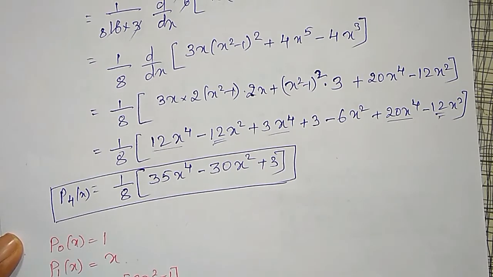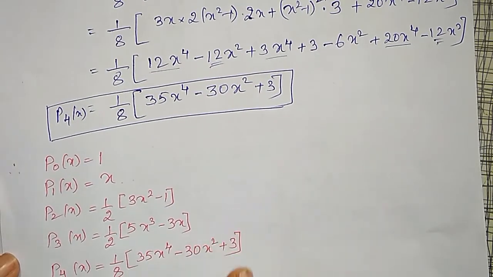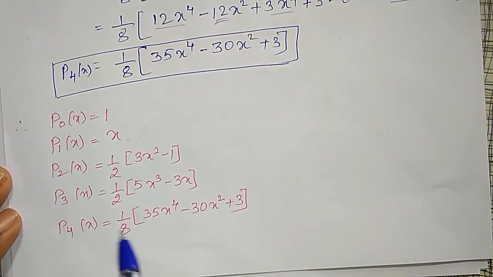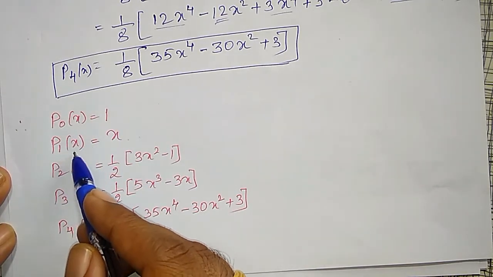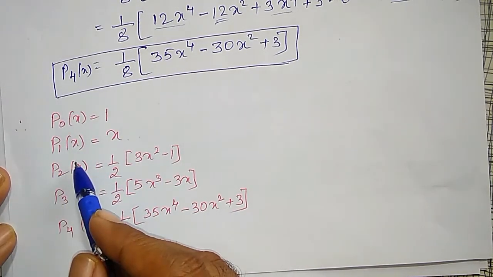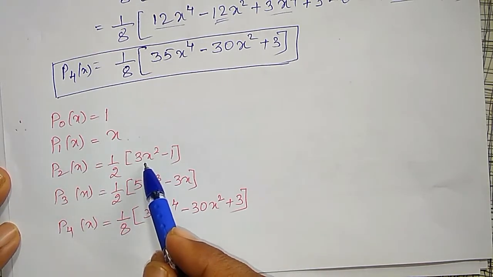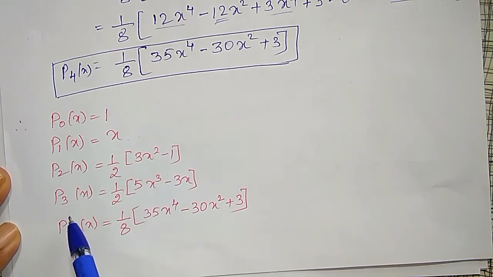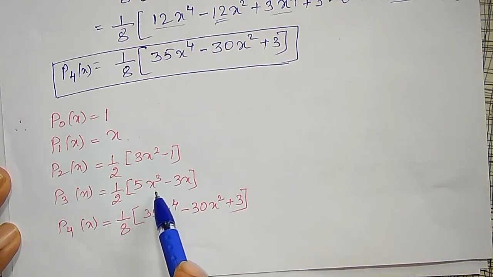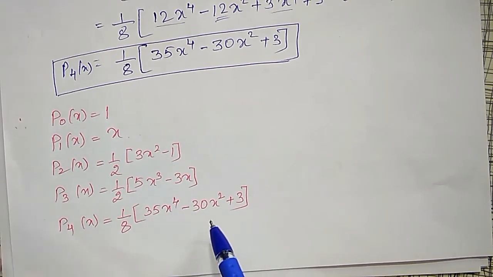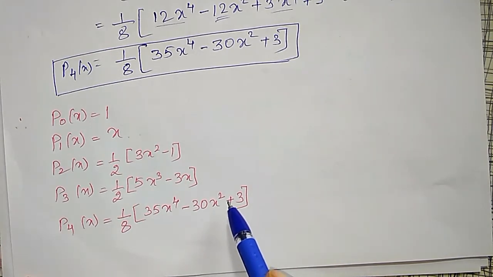Now all these things I have formulated here. Therefore, P naught of x equal to 1, P1 of x equal to x, P2 of x equal to 1 by 2 (3x square minus 1), P3 of x equal to 1 by 2 (5x cube minus 3x), P4 of x equal to 1 by 8 into (35x raised to 4 minus 30x square plus 3).